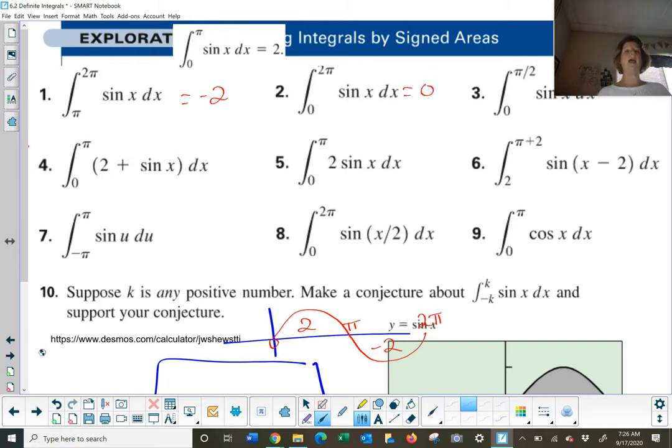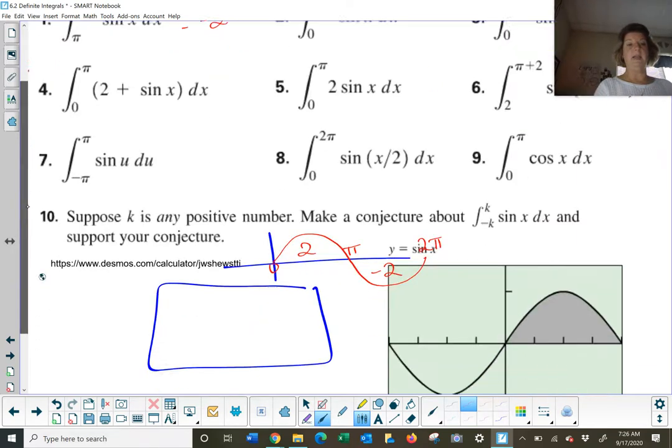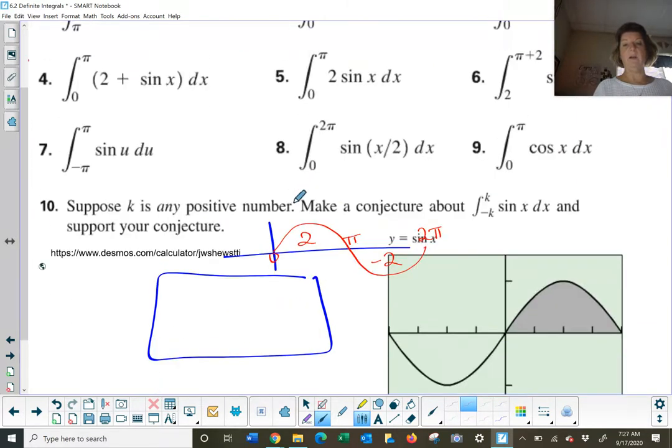Now, what type of function is sine? Odd or even? Sine is an odd function, and therefore it has some symmetry above and below the x-axis. In this case, we are seeing that symmetry above and below the x-axis here.